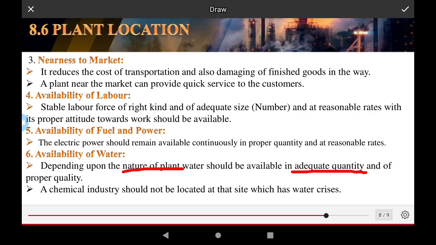A chemical industry should be located near water carriers. Chemical industries are set near water. Water is a natural energy resource. This is the very importance of water in the chemical industry.